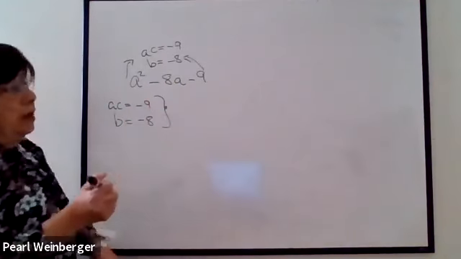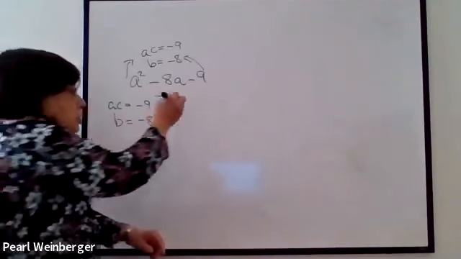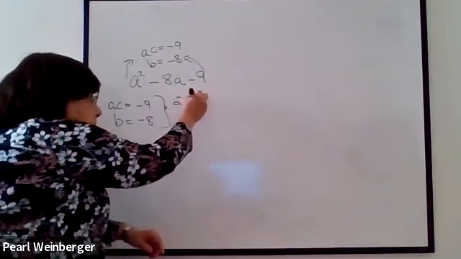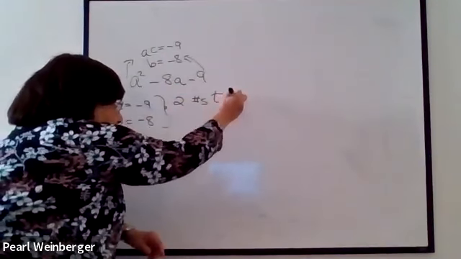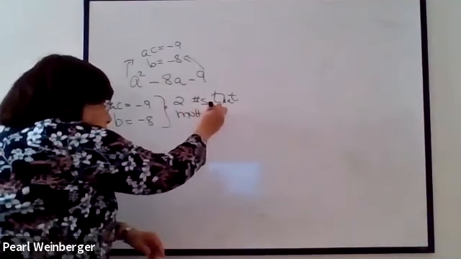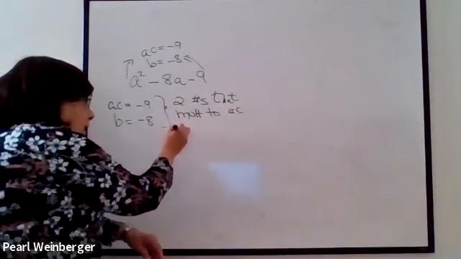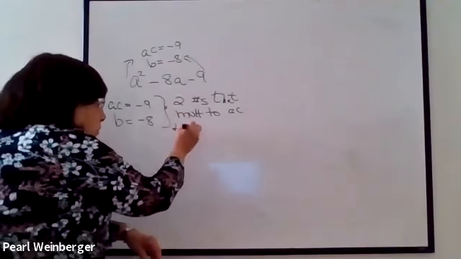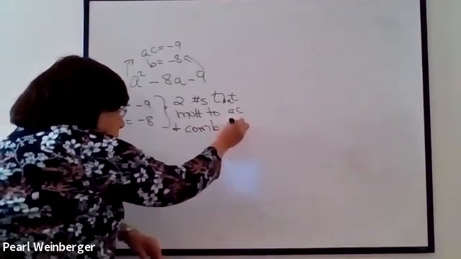And our approach is to always find two numbers that multiply to AC and also combine, or add, to B.